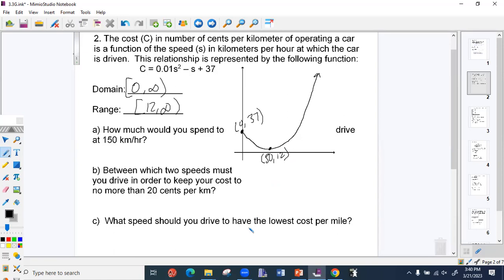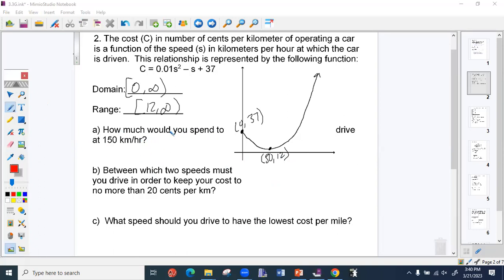Okay. So it asks us, how much would you spend to drive at 150 kilometers per hour? So what this is asking us is what? Are we talking about our independent or dependent variable? Meaning, are we talking about the X or the Y? What is the 150? It is our X. And we can read back in the problem.